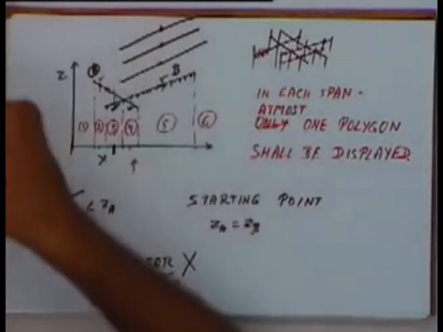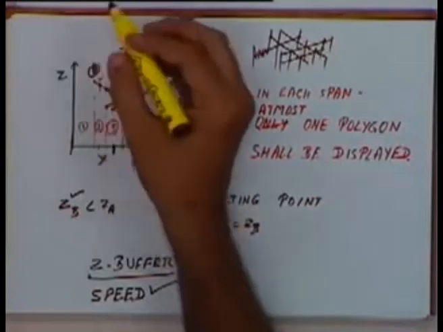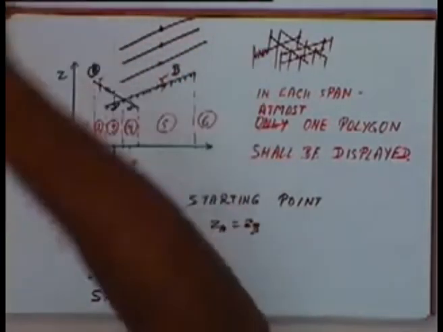Oh, what you're saying is these intersection points will form a line. That can be done. You can maintain that intersection line, and as you move from one scan plane to a second scan plane, you can change that accordingly. That can also be done. Intersections can be computed much more easily than doing a complete scan conversion. That is why it is better to do more intersections than to spend all the time in doing the scan conversion. Any other question on this?